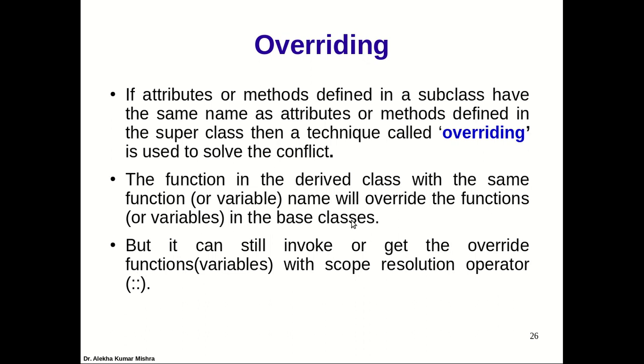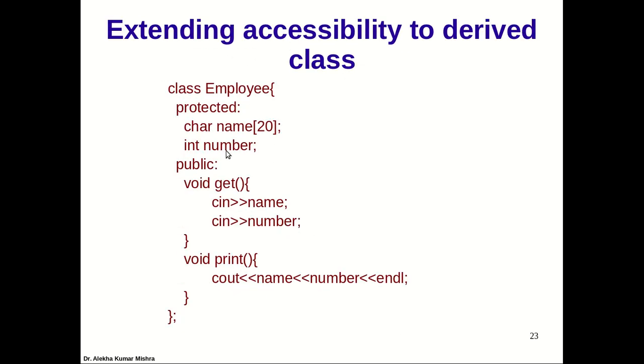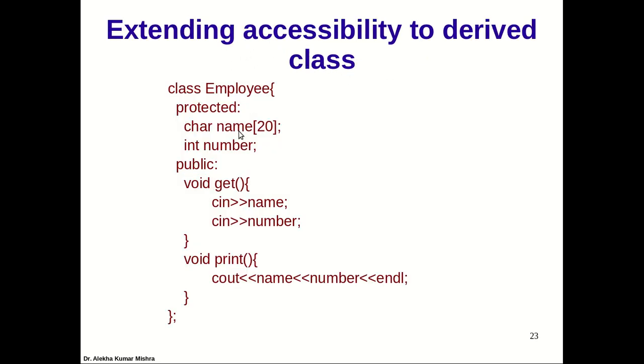That means the base class data members are suppressed. Let's say we have name and number in employee. Inside the manager, in a manager member function or any main object, when we refer to the name or the number inside manager, that refers to the name and the number defined inside the manager, not to the name and the number of the employee class.